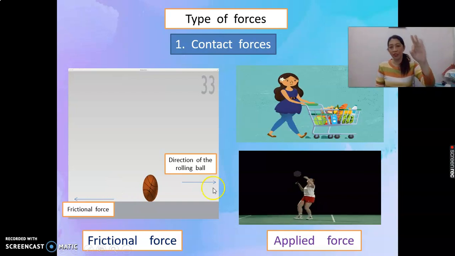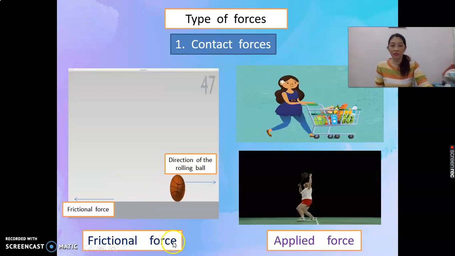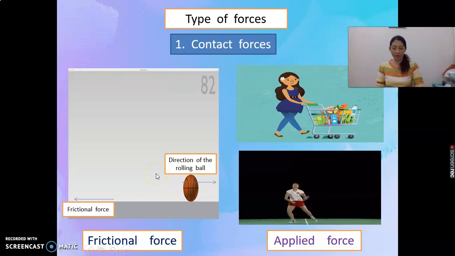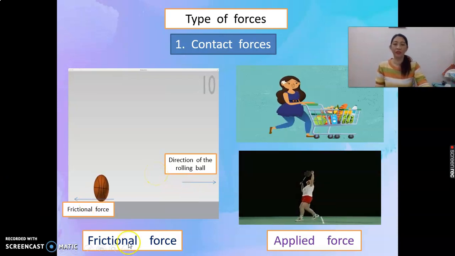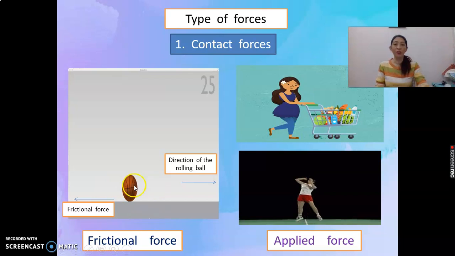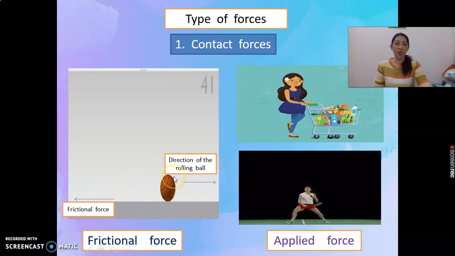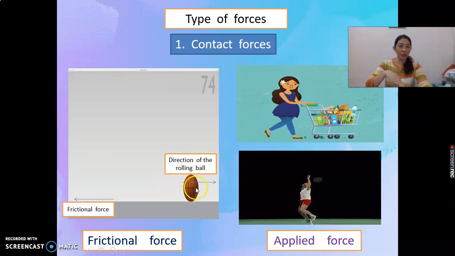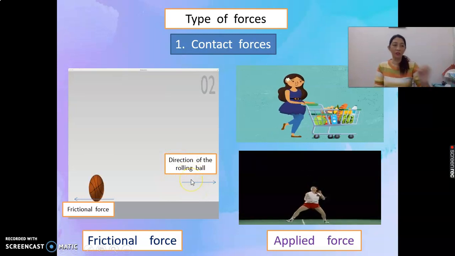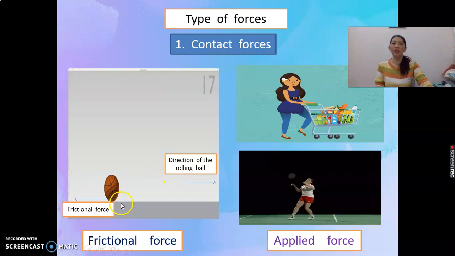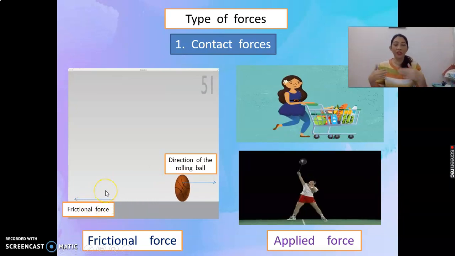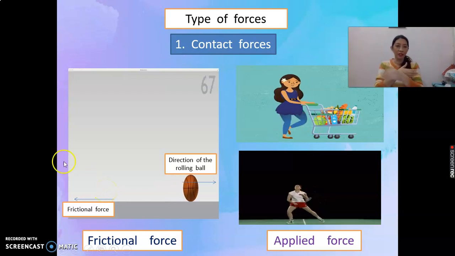Number three is frictional force. Frictional force acts in the opposite direction. When the ball is going to the right, the frictional force is to the left, so that is the opposite direction.